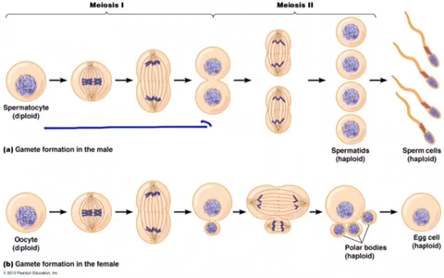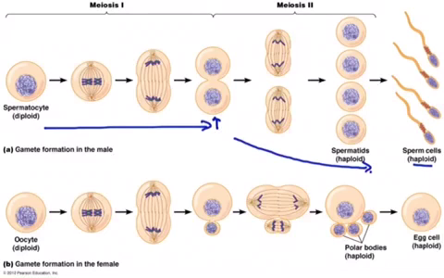So there's the first division of meiosis to form 2 cells, each with half the number of chromosomes compared to the original spermatocyte. Here's the second division of meiosis. It sees the formation of 4 cells, spermatids, which then get modified into sperm cells, which are the gametes. These, of course, are haploid.